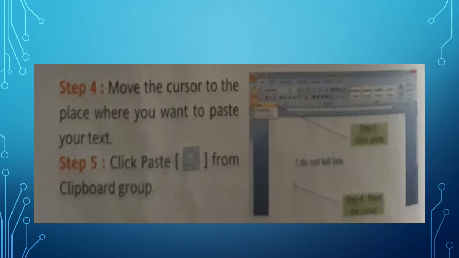Now if you want to paste it in the new place, because you want to move your text, you just place your cursor at the new place where you want to paste your text, and then you click the Paste option from the Clipboard group. After selecting the new place, you just click on the Paste option from the same group, that is the Clipboard group.